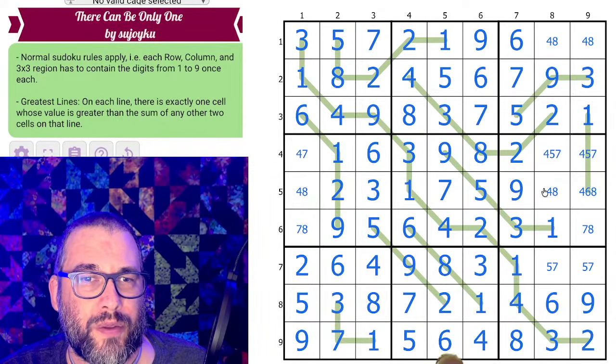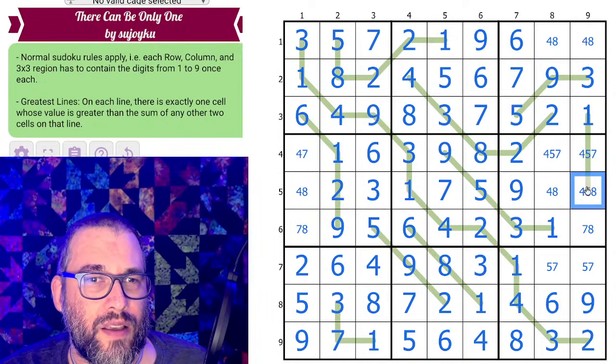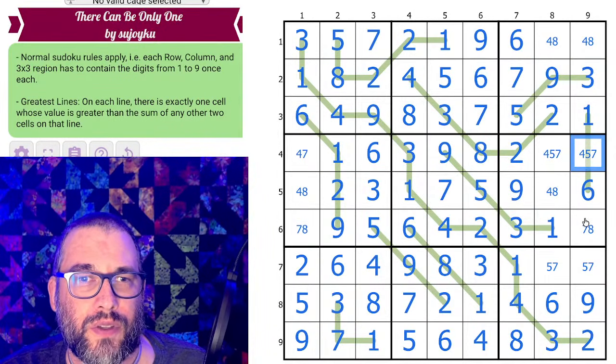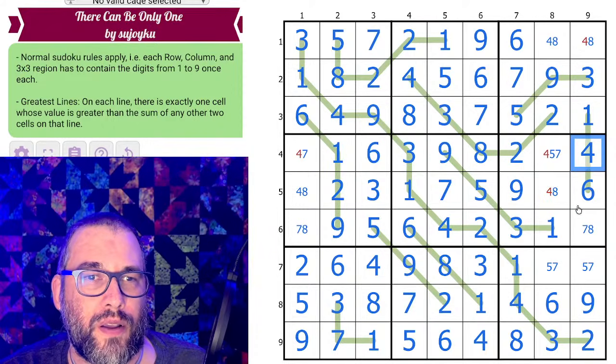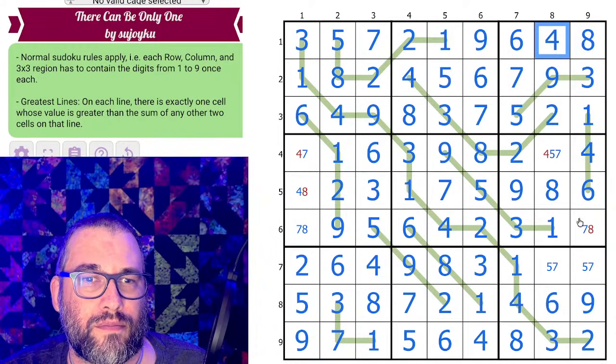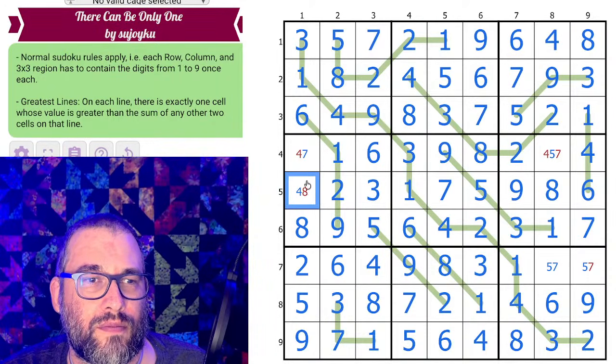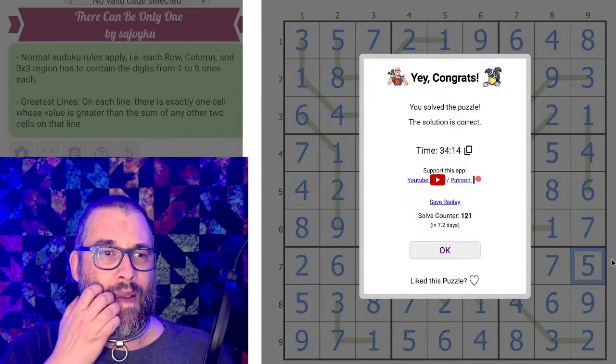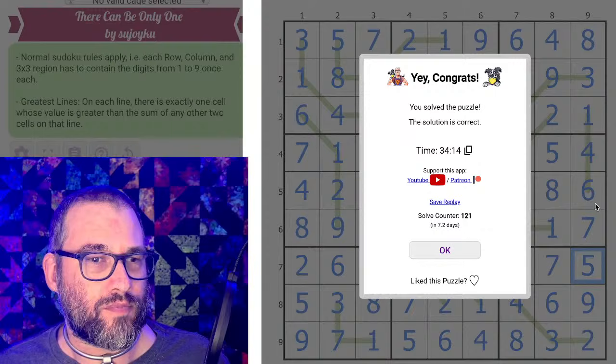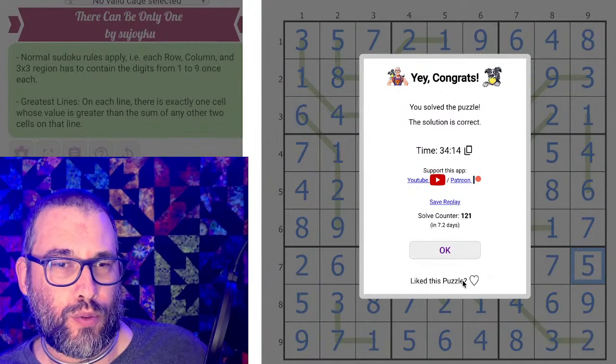Let's just mark everything and see what falls out. 4, 8 pair falls out is what falls out. So this is a 4, and that's gonna do it. Woo!